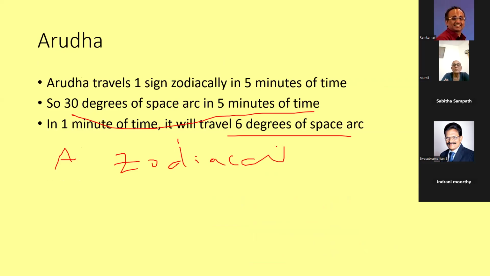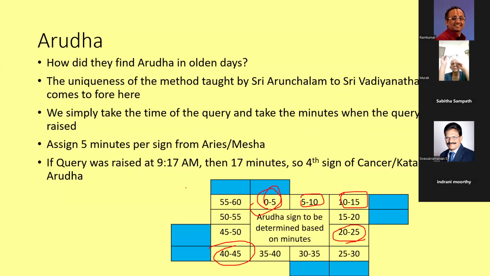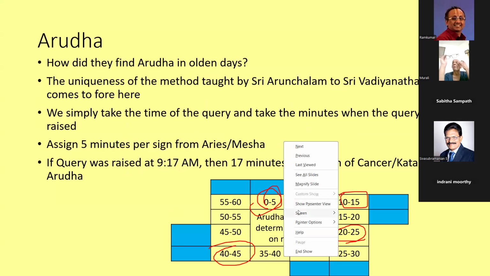Okay. Fine. Keep these 2 points in mind: 1 minute of time, 6 degrees of space arc. So if the question comes at 7:02, Aruda is going to be at 12 degrees Mesha. Is this clear? If the question is at 7:24, Aruda will be at 24 degrees of Simha. Okay.